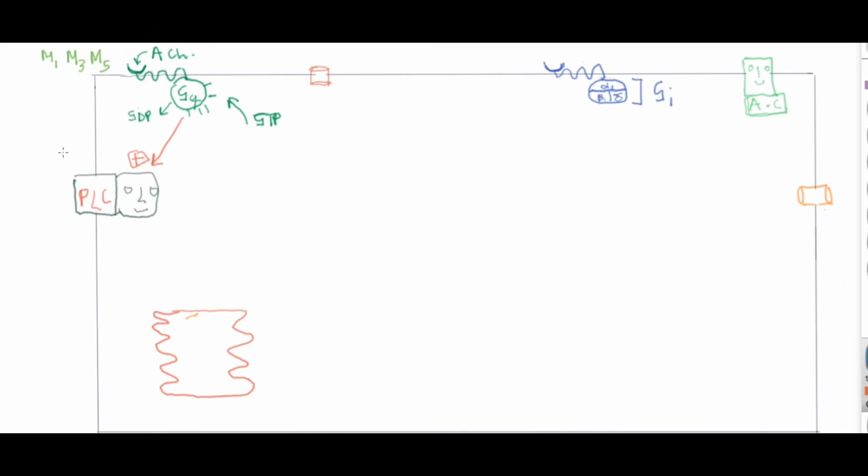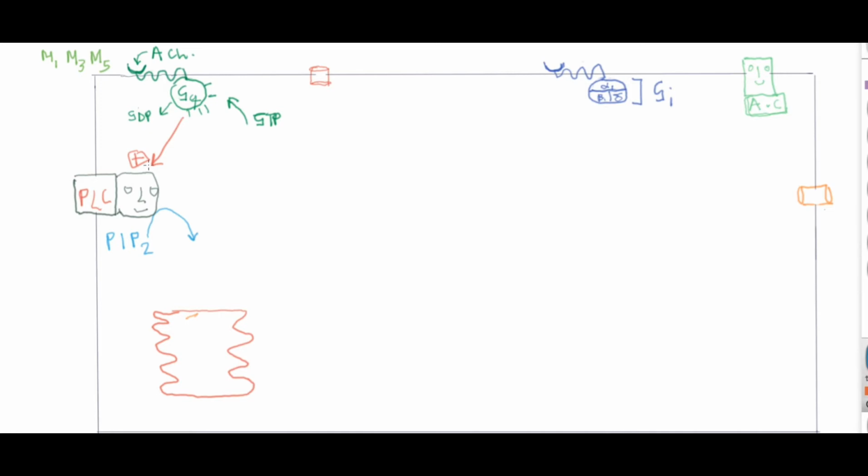There is a molecule called PIP2, which is short for phosphatidylinositol diphosphate. This molecule will be cleaved by the enzyme phospholipase C. This will give us two things.